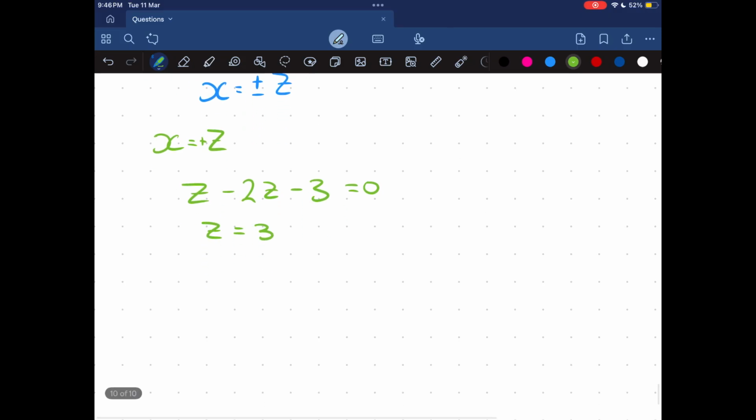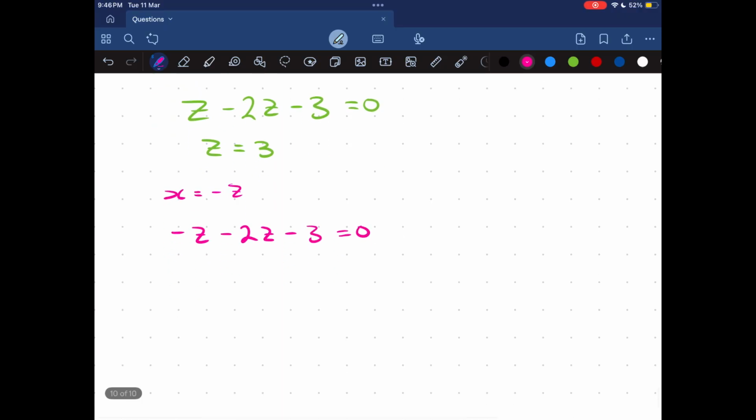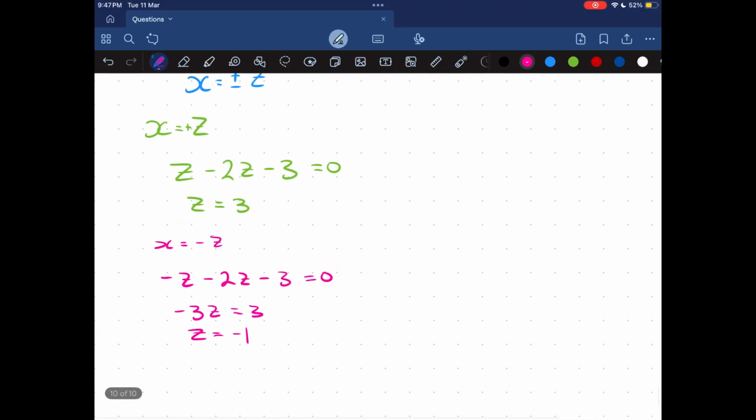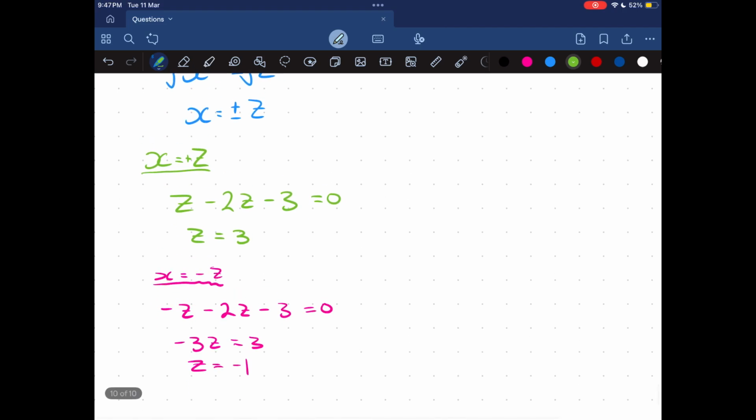Now here's pink. When x is equal to negative z, we get minus z minus 2z minus 3 equals 0, minus 3z equals 3, so z will be equal to negative 1. So now we know that, underline these for the terms they are, awesome. So now we have some z values.